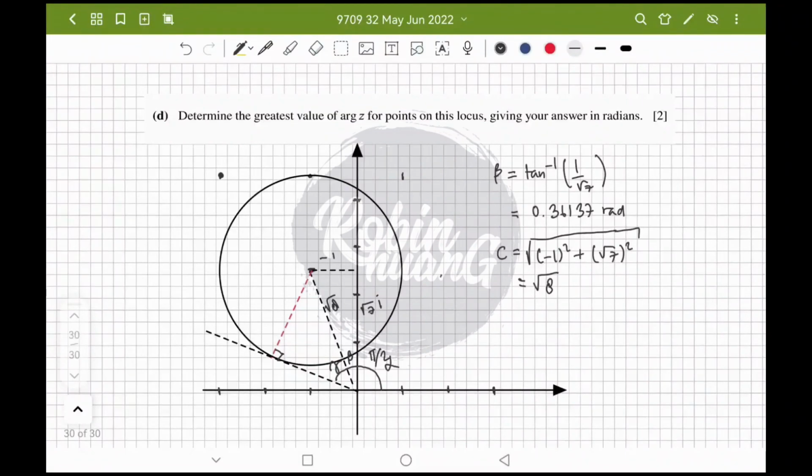Next we can find gamma by using arcsine. This is the radius, so this is 2, so arcsine of 2 over square root of 8. So that is 1 over 4 pi.